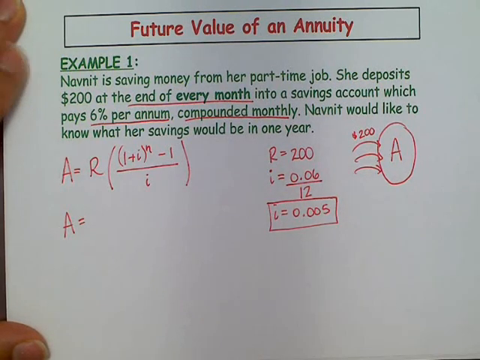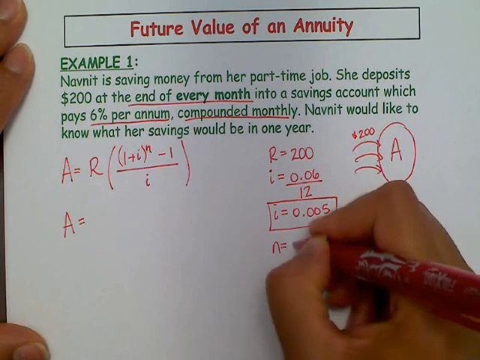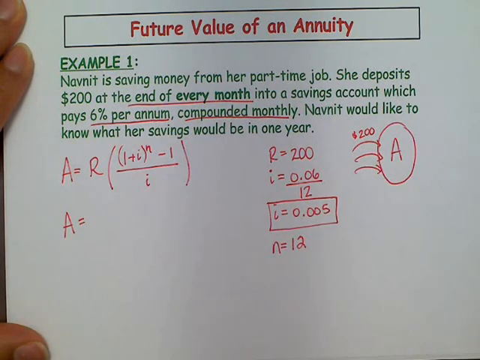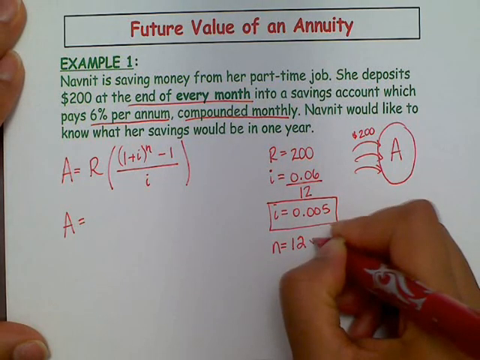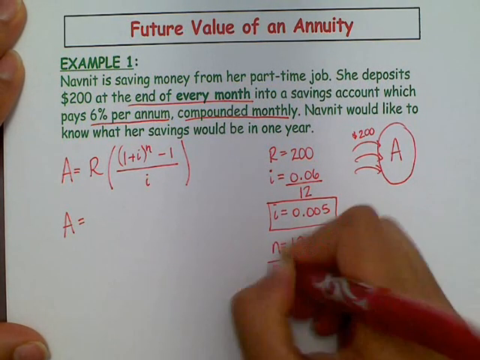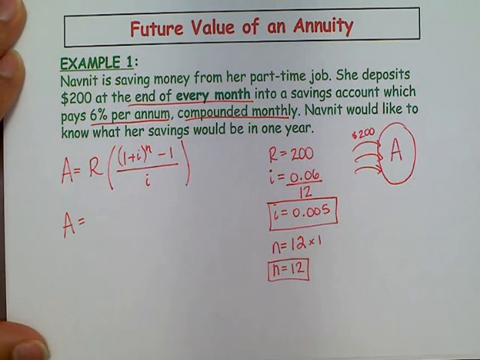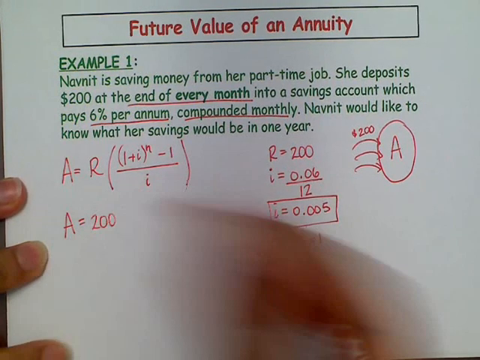So what that means is she's getting 0.5% on a monthly basis. And then the number of compounding periods, well, she's getting interest 12 times a year because it's compounded monthly, and we only want to know how much she's going to have at the end of 1 year, so that's going to be 12. So she's going to get interest 12 times over a span of a year.